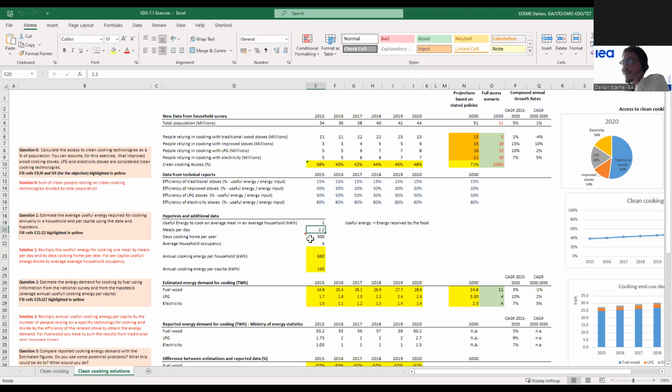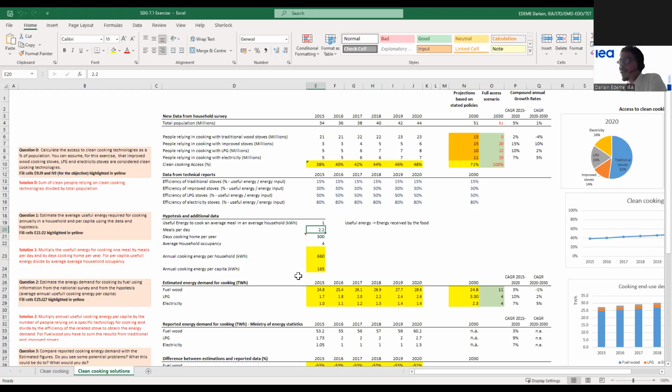On the other hand, we have 300 days of cooking at home per year, and this means that since we have 365 days per year, the other days are days in which this average household doesn't cook at home, because, for instance, they can be having their meals, whether it's lunch or dinner, outside.